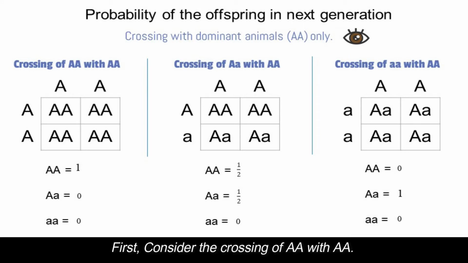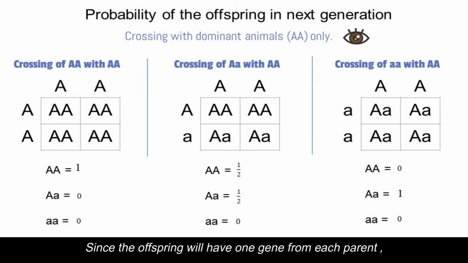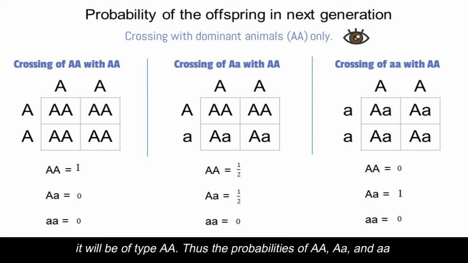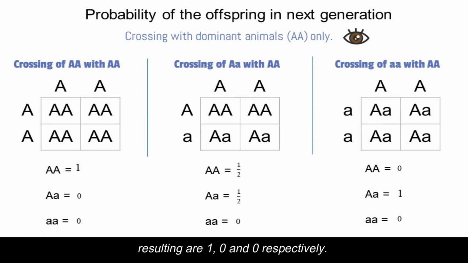Our objective is to determine the probabilities of the genotype of the offspring in n generation if we keep crossing offspring with dominant animals AA only. In each of these cases, let's figure out the probabilities of the offspring being AA, Aa, or aa. First, consider the crossing of AA with AA. Since the offspring will have one gene from each parent, it will be of type AA. Thus, the probabilities of AA, Aa, and aa resulting are 1, 0, and 0 respectively. All offspring have brown eyes. Next, consider the crossing of Aa with AA. Taking one gene from each parent, we have the possibilities of AA, AA, Aa, and Aa.